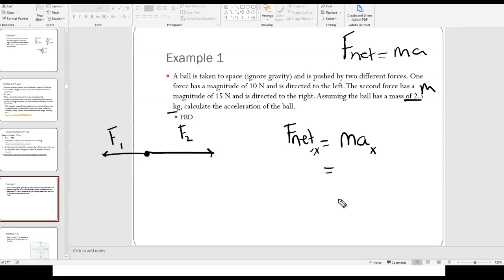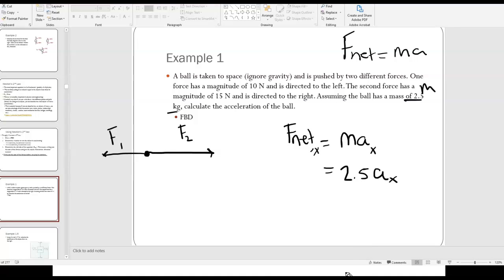We don't know the value of the acceleration, but we do know that this object is accelerating, because we can clearly see from the FBD that we have a net force to the right. Therefore, this object is accelerating. So I'm going to fill in what I do know for the right side. I know the mass is 2.5. I don't know the acceleration, so I leave that in there.